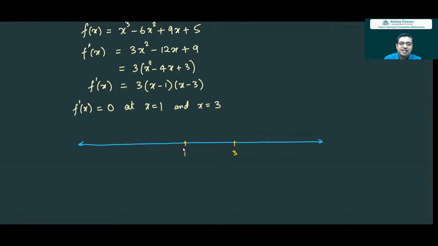Now, I want to find the sign of f dash x. So, I'll use the number line sign scheme. What it says is, as long as the coefficients of x in all the linear factors are positive, and for all the factors the powers are odd, and if there are even powers that factor should be omitted for sign consideration, but if they are odd powers the sign should be considered.